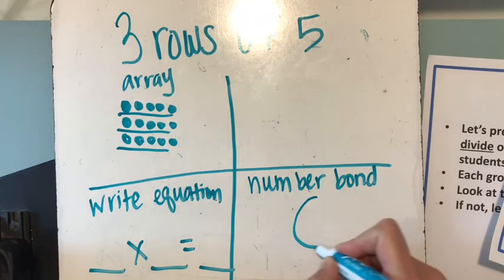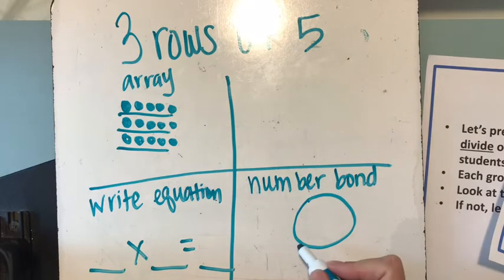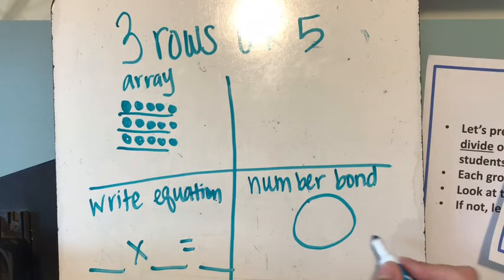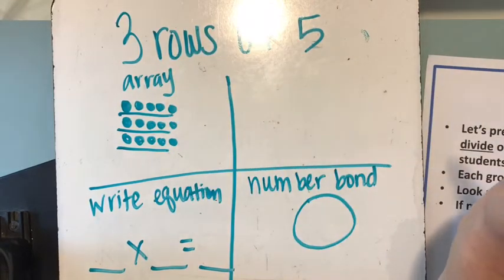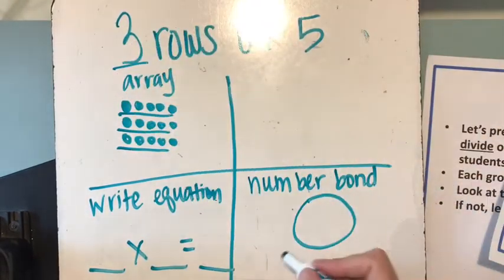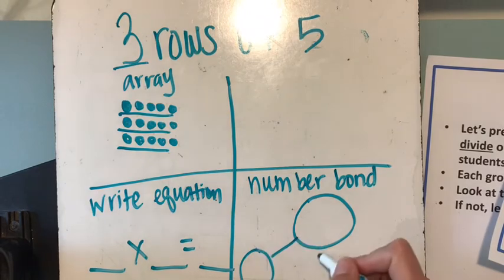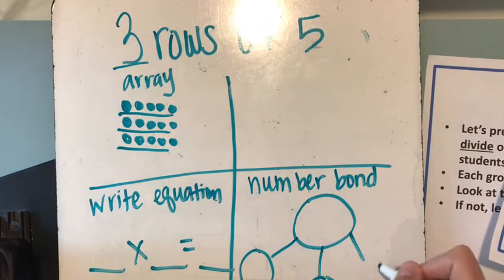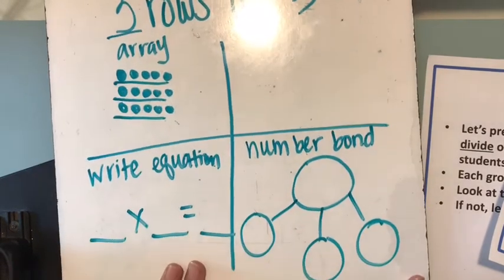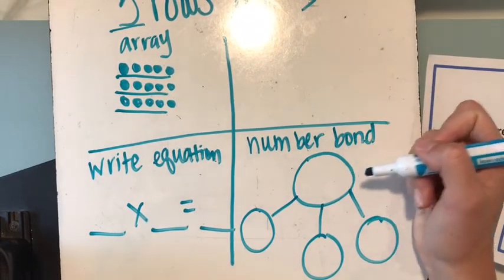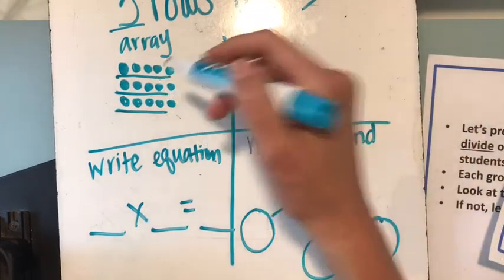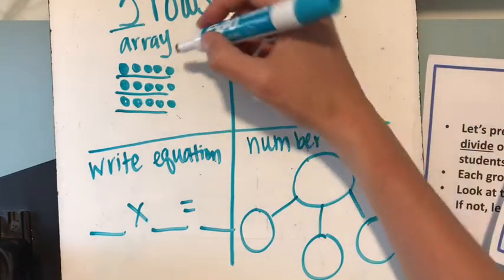All right, now I'm going to do my number bond. So I'm going to draw a big circle here, and then I need to figure out how many groups I have. How many rows or groups do I have? I have 3. So I'm going to make 3 circles coming off of my big circle. Can you guys see that? There we go. My total, do I know my total yet? No, I didn't really solve it there, but I'm going to go back and solve it in my array.